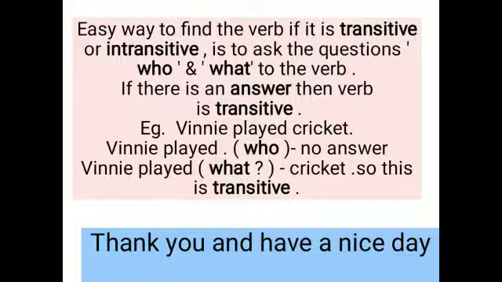If we ask Winnie played who, there is no answer to that question. But if we ask Winnie played what, here cricket is the answer. So if you get the answer, then the verb is transitive, and if we don't get any answer, then the verb is intransitive. In the same way, you will know when you write the exercise of this chapter.